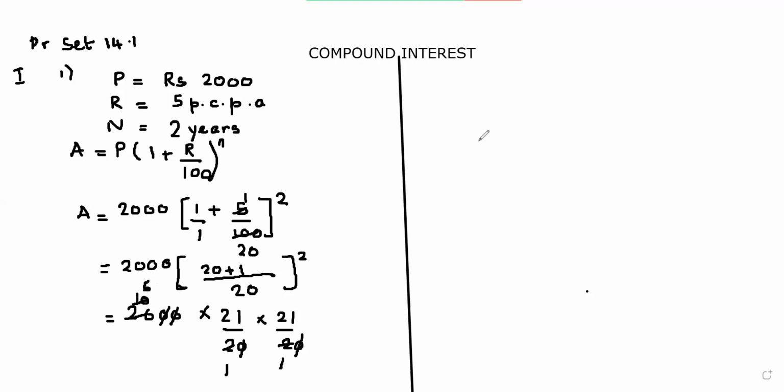So my amount is equal to 5 multiplied by 5 into 21 multiplied by 21. 21 into 21, since it ends in 1, I'd shown you a shortcut, right? 1 at the end, square, 2. 2 square is 4.